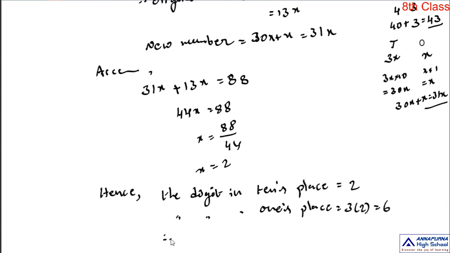So therefore the required two digit number is, the digit in tens place is 2 and the digit in ones place is 6. So what is the two digit number? It's 26. So this is the answer.